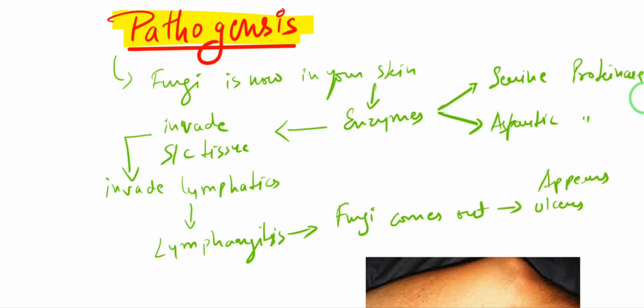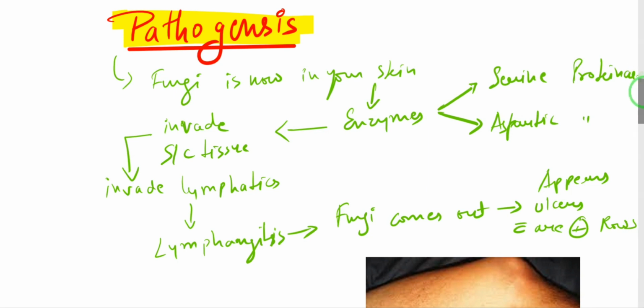These ulcers are present in rows. A row of ulcers is seen on the skin and subcutaneous tissue. Why is it present in a row-like pattern or a series? Because it has invaded the lymph vessels, so it will spread across the lymphatics.